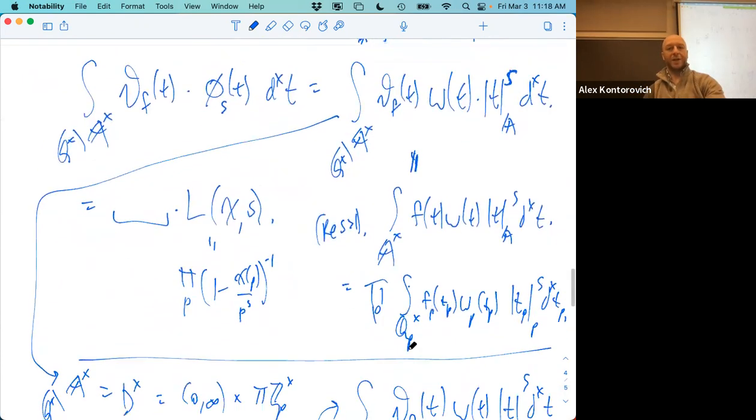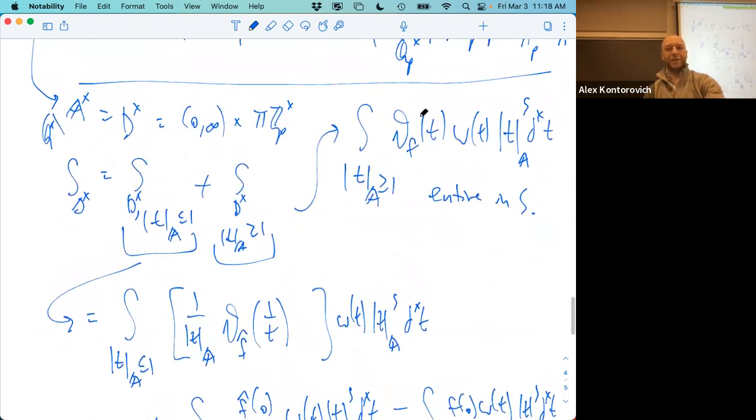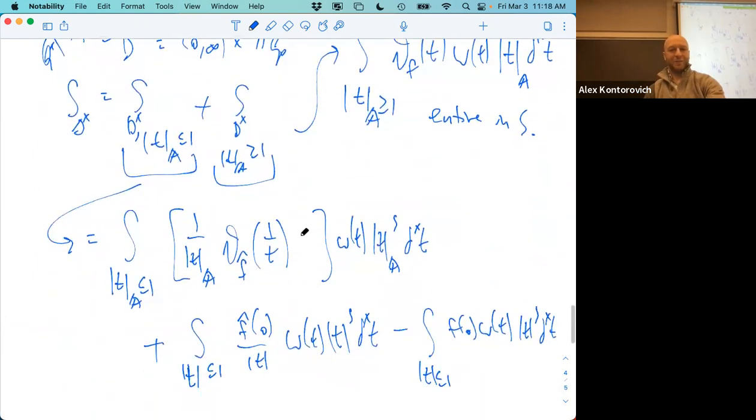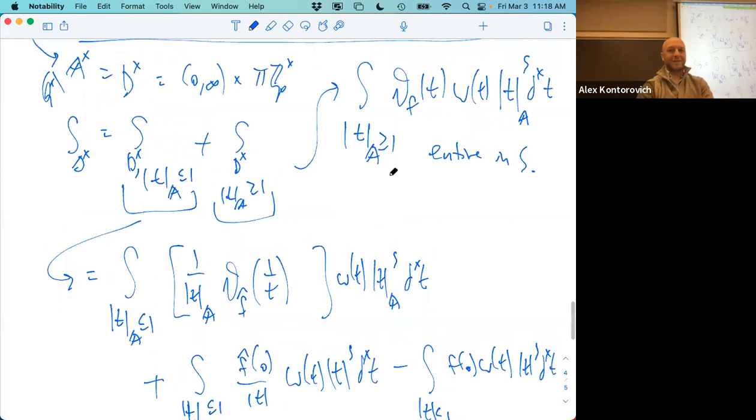I'm taking theta omega t to the s and putting this term, omega t to the s, and that other term, omega t to the s. The greater or equal part is just already entire in s.